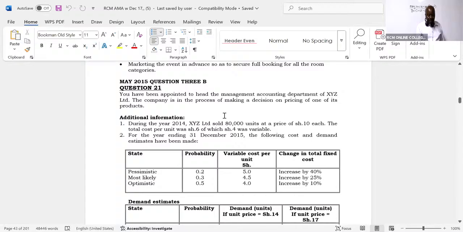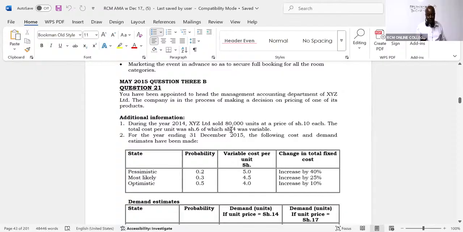The company is in the process of making a decision on pricing of one of its products. Additional information: during the year 2014, XYZ Limited sold 80,000 units at a price of 10 shillings each. The total cost per unit was 6, out of which 4 was variable.